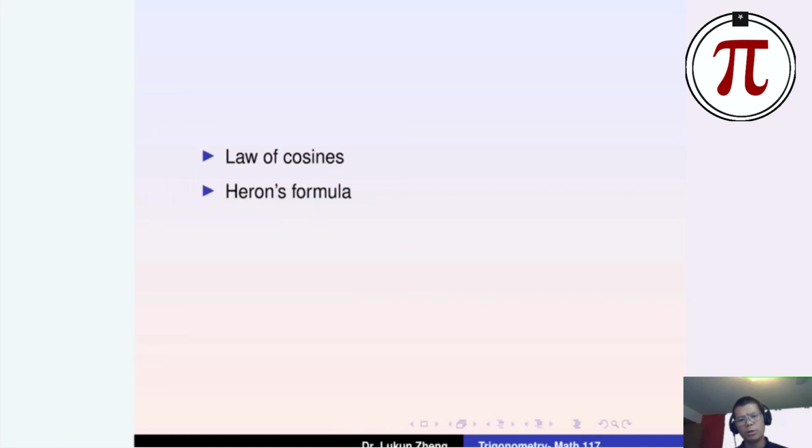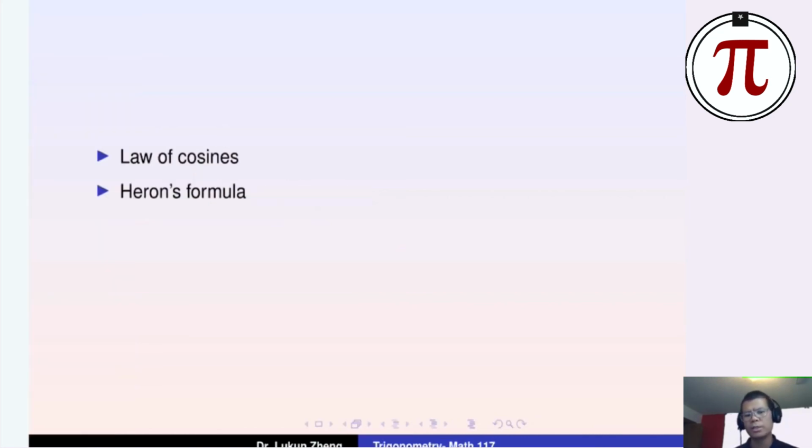Now, section 4.2 is the law of cosines, right? You need to know how to use the law of cosines to find the opposite side, and also to find the cosine if the three sides are given. And then Heron's formula: if all the sides are given, how to use Heron's formula to find the area of a triangle.